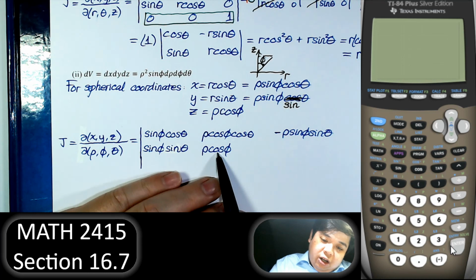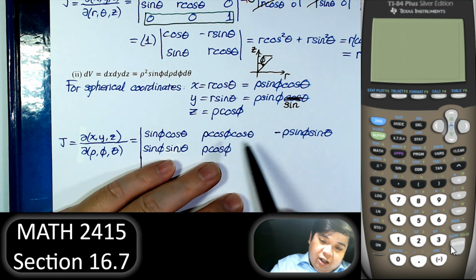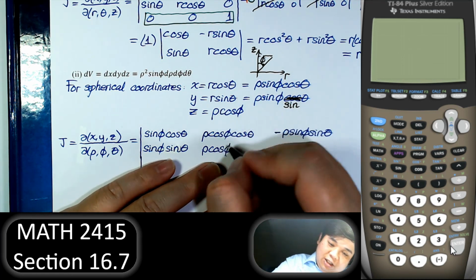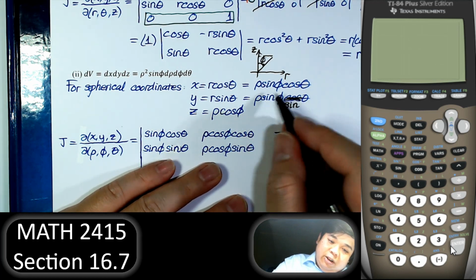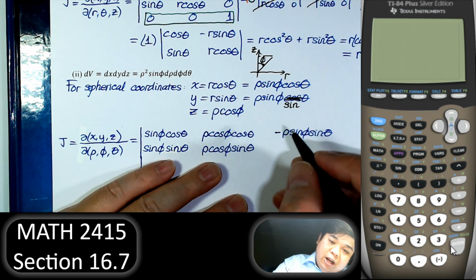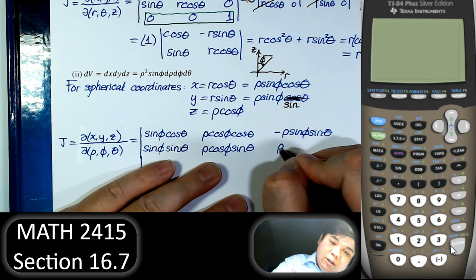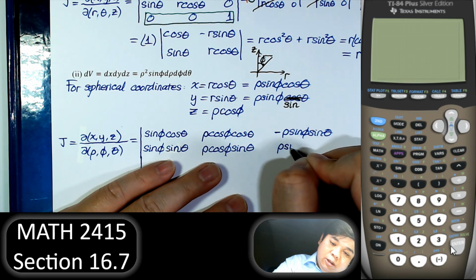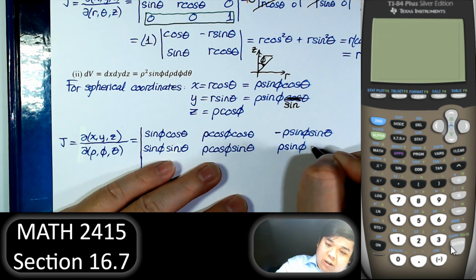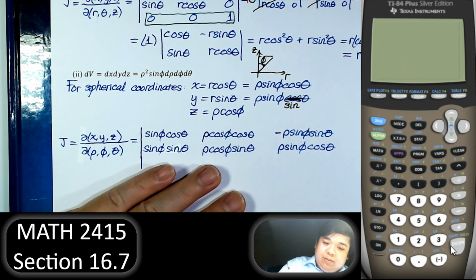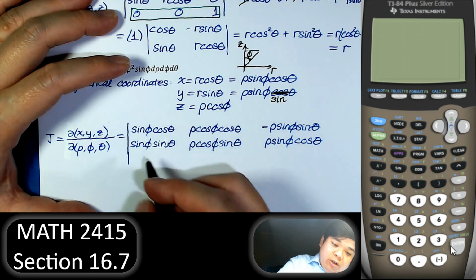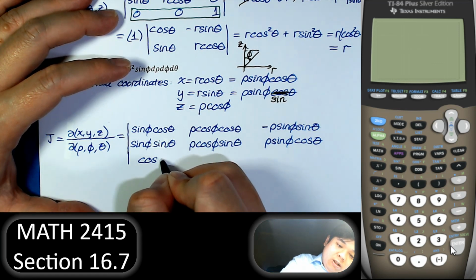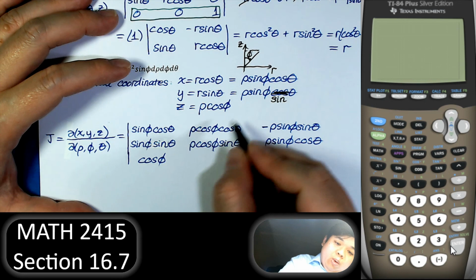So I have rho cosine phi sine theta, and then derivative of this with respect to theta is rho sine phi cosine theta. Finally, the last one, z, with respect to rho is cosine phi.